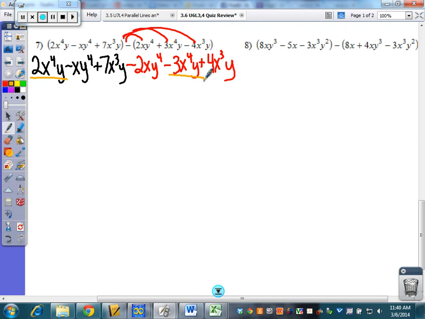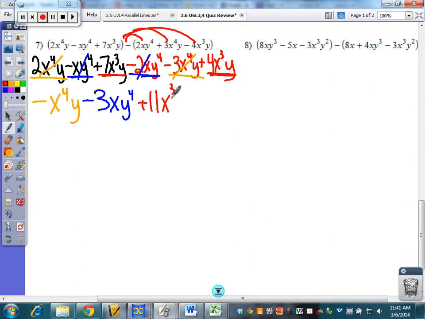So 2 minus 3 is a negative x to the fourth y. These cancel. Next we have an xy to the fourth and an xy to the fourth. So a negative xy to the fourth minus 2xy to the fourth is a minus 3xy to the fourth. And the last one we have, 7x cubed plus 4x cubed is going to be 11x cubed y, sorry.